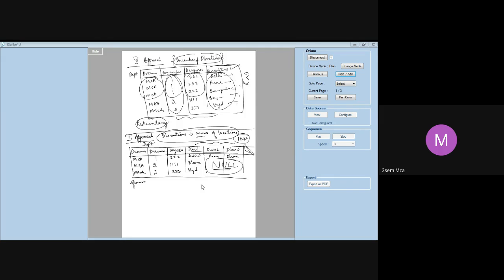In that case, it will result in null values. Out of the three approaches, the first approach is the best approach. Of course, this table is in first normal form because all the attributes are taking atomic, single values.